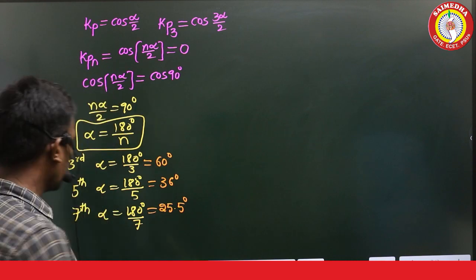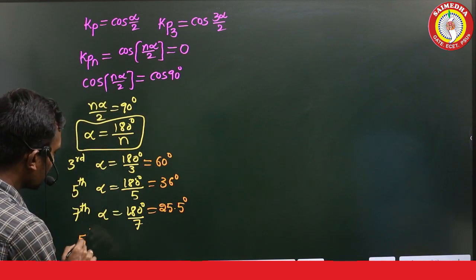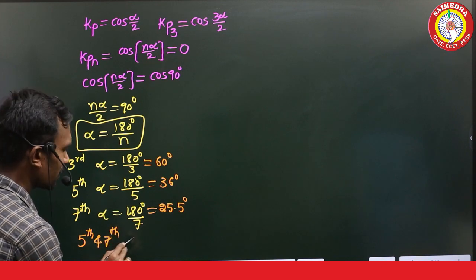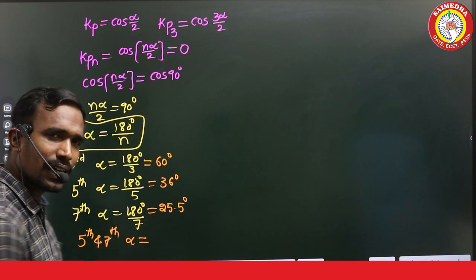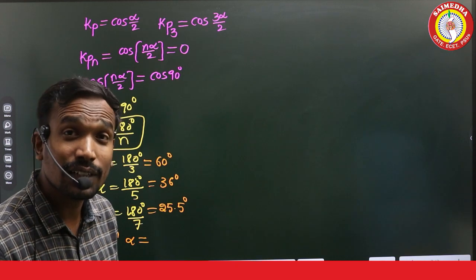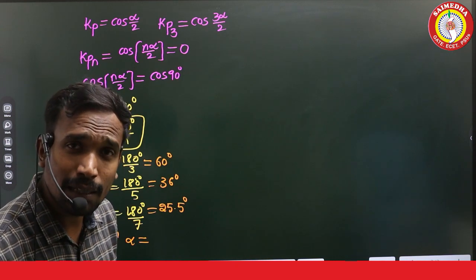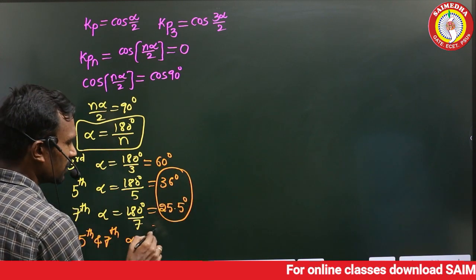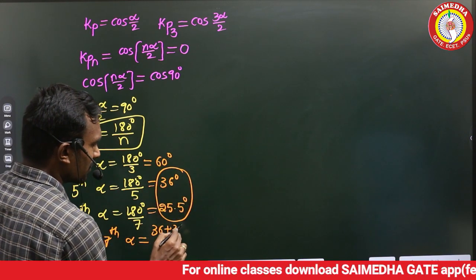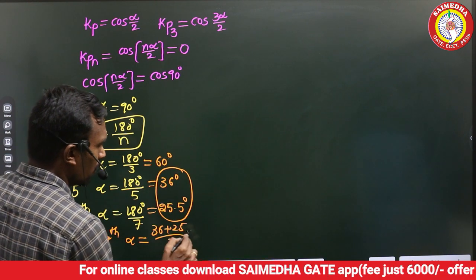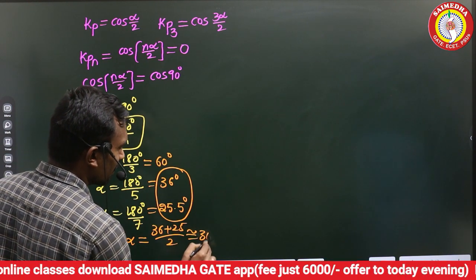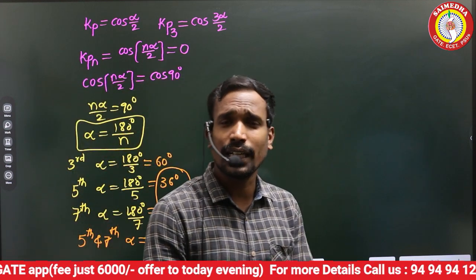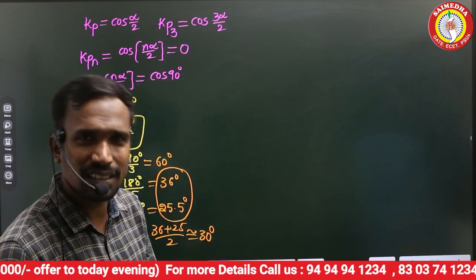If I want to eliminate both fifth and seventh order harmonics, can you tell me alpha? They will ask questions like that. Simply take the average of these two, that is almost 36 plus 25 upon 2, nearly 30 degrees. If alpha is equal to 30 degrees, then we can eliminate both fifth and seventh order harmonics.